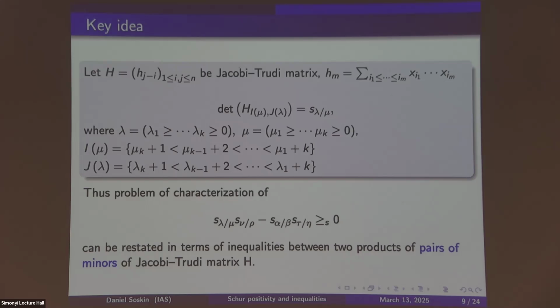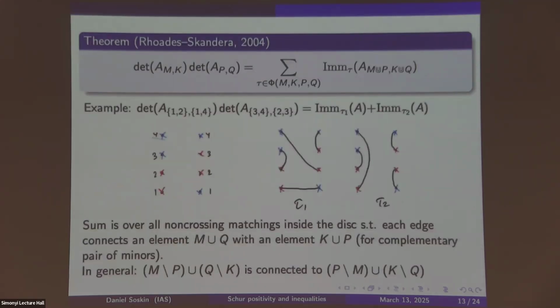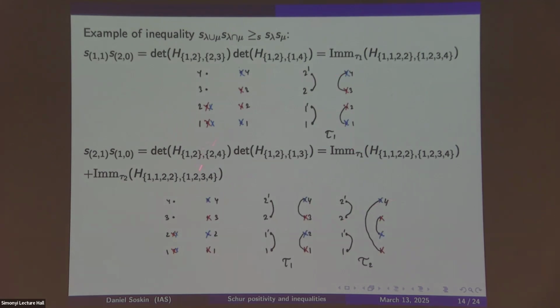I can show that some product or some quadratic expression in Schur functions corresponds to some set of those Kaufman diagrams with certain multiplicities. If I want to prove an inequality, I want to build an injection from the smaller set to the set corresponding to the larger expression. For example, like we did in that example, we have one diagram here, and here we have another set with the same diagram and another diagram. So we can build the injection.